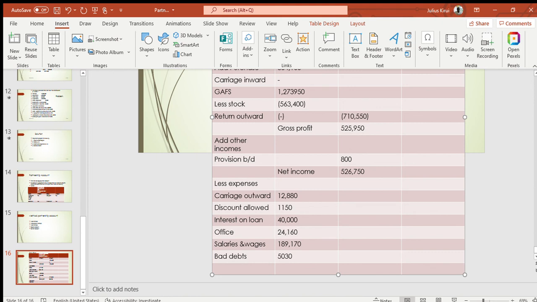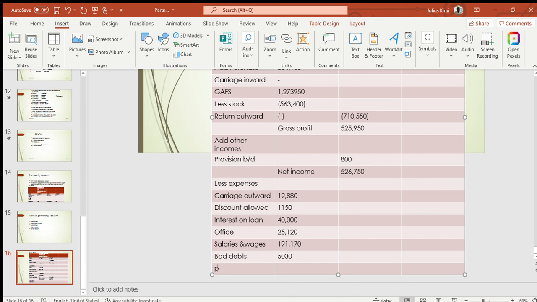So this value will change. What do you get? 25,120. And then wages and salaries, we still have accrual, 2,000. So 2,000 plus 189,170, what do you get? 191,170. Correct. Okay, bad debts.